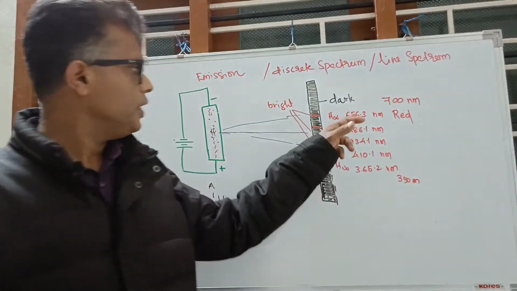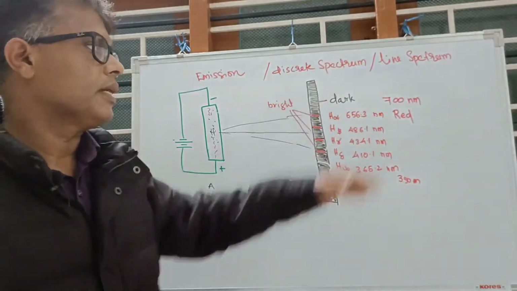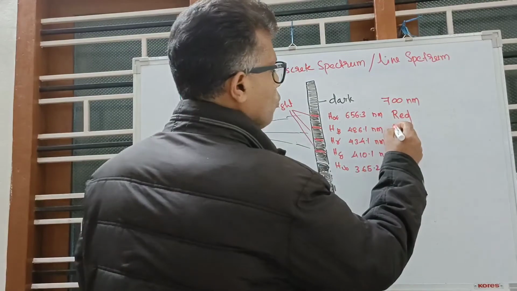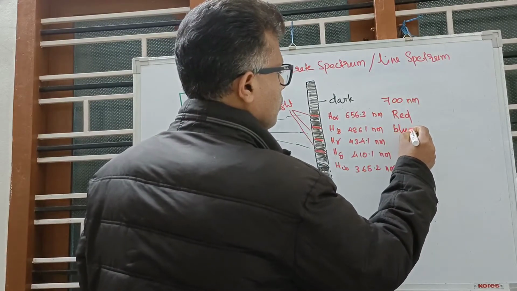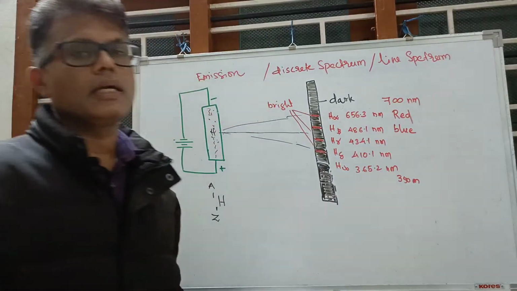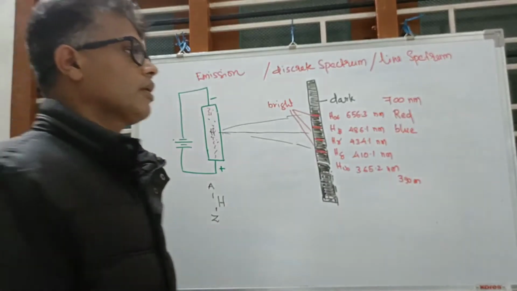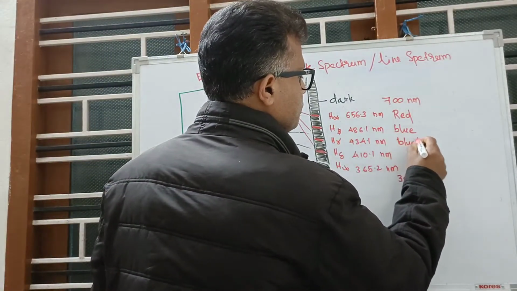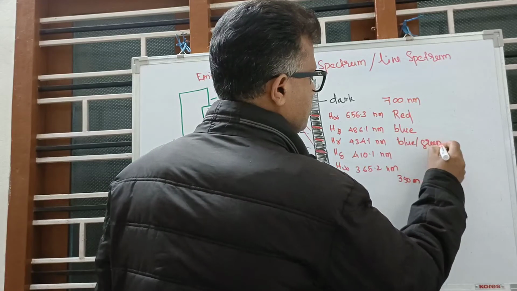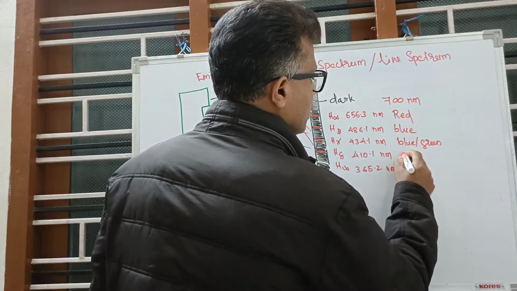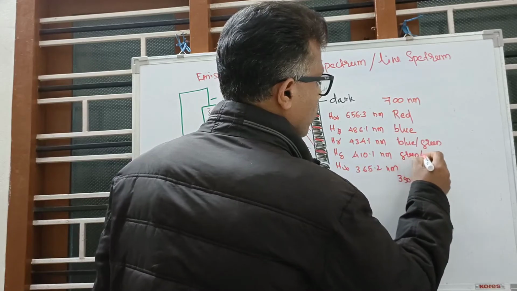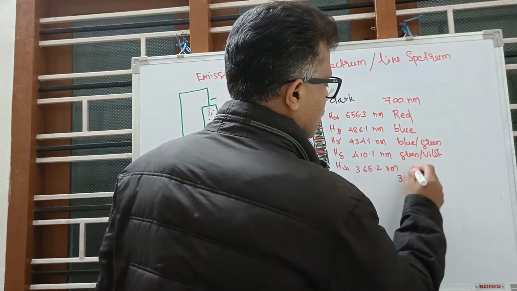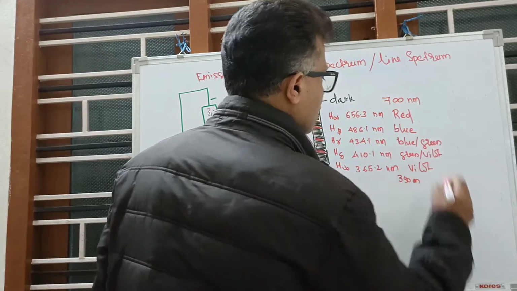This one is very near 700, so it will be red color. This will be around the blue color. This one is red color, this one is the blue color. So this one will be around blue green. This one will be green, violet. This will be violet in color.